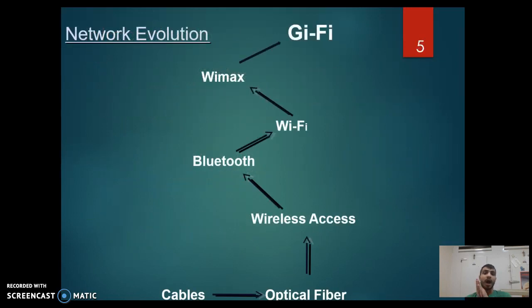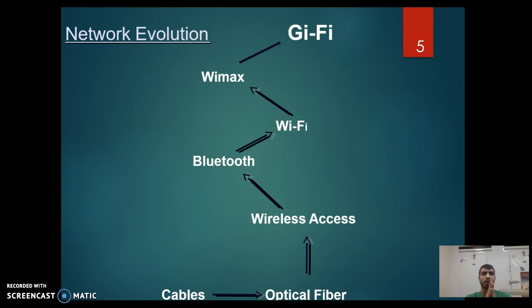Let's talk about how the evolution of networks has gone over the past 100 years to the present. It started from the cable. After that came optical cable, then wireless technology called wireless access. After that came Bluetooth, which we are all familiar with, and right now we are using Wi-Fi.